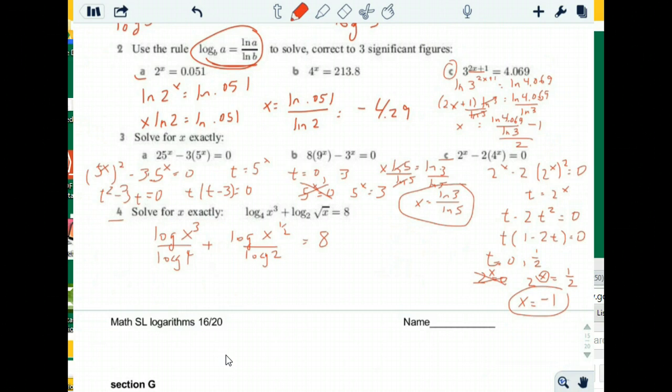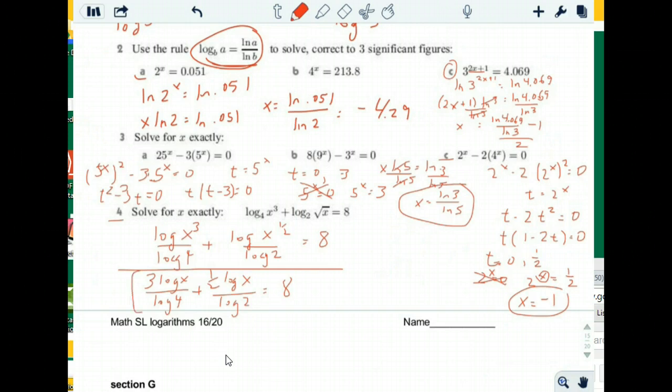And then since we have the log of x cubed and the log of x to the 1/2, we can put the exponent out front. So that would be 3 log of x over log of 4 plus 1/2 log of x divided by log of 2 is equal to 8.